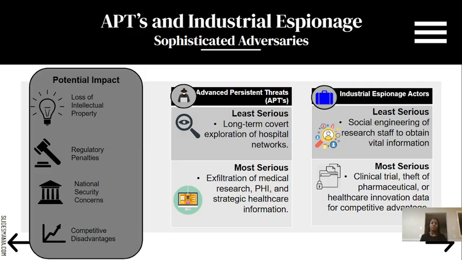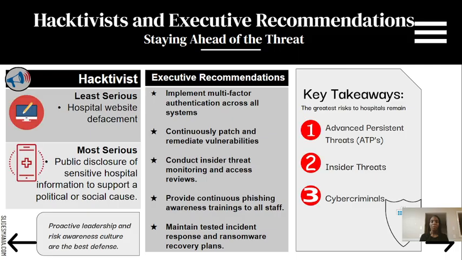The least serious threat for industrial espionage would be social engineering of research staff to get vital information, while their most serious threat would be theft of pharmaceutical or healthcare data to gain competitive advantage. And these can cause potential impacts on loss of intellectual property, that data, that research, national security concerns, and competitive disadvantages. Our final threat would be hacktivists.